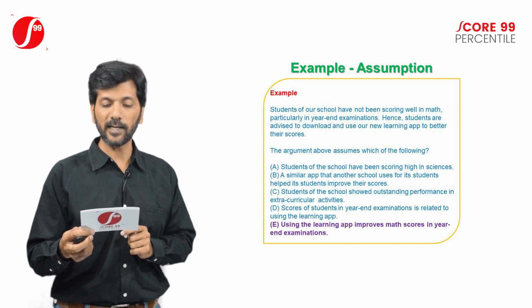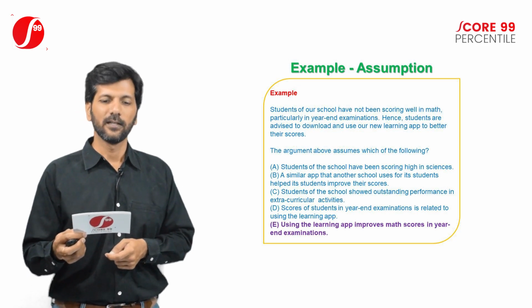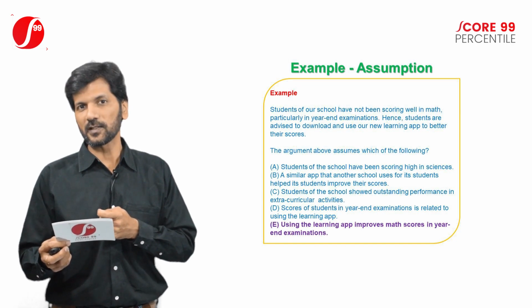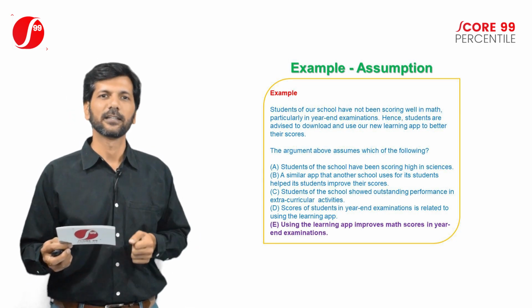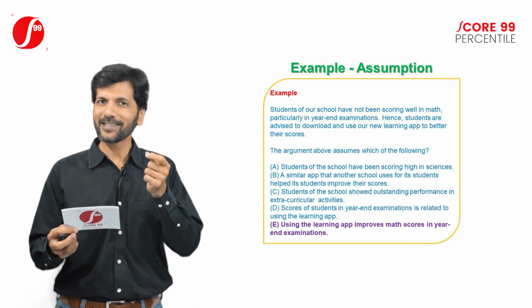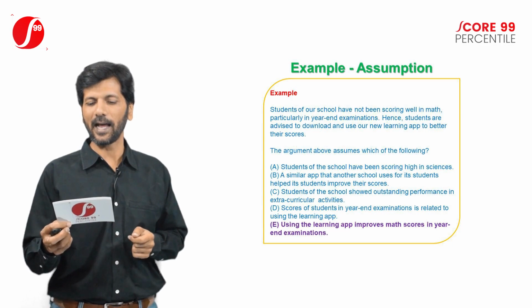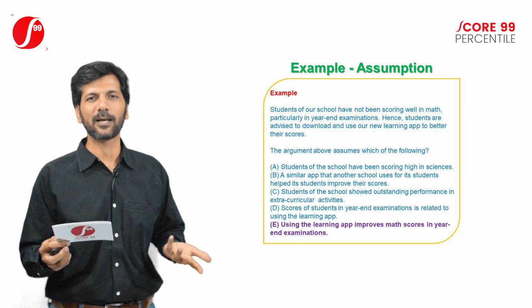Choice D: scores of students in year-end examinations is related to using the learning app. Now, compare that with choice E. Choice E says using the learning app improves math scores in year-end examinations.